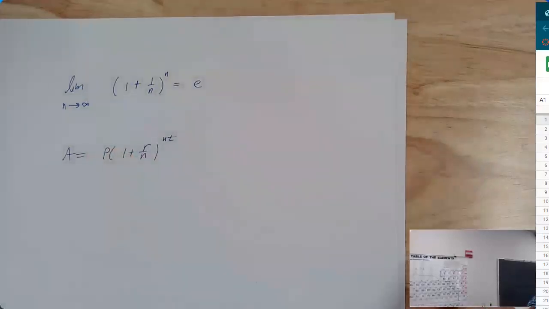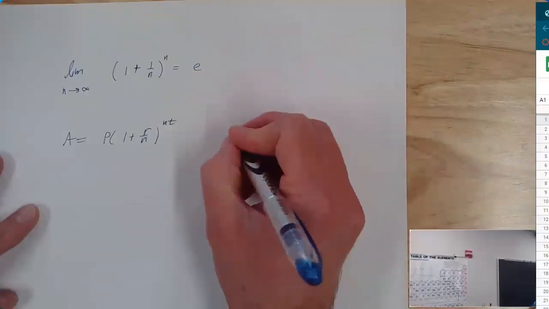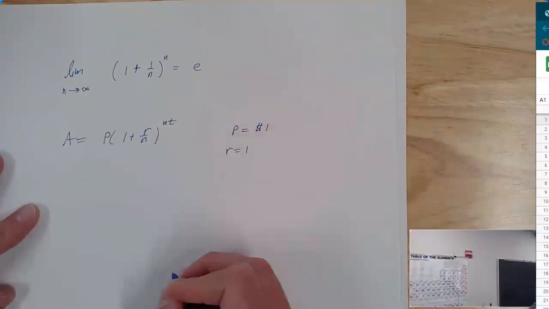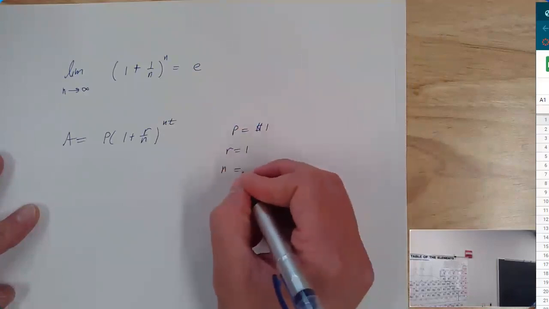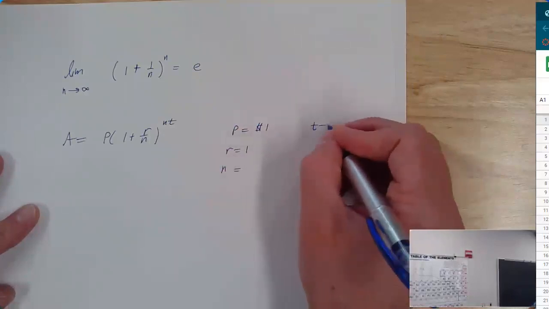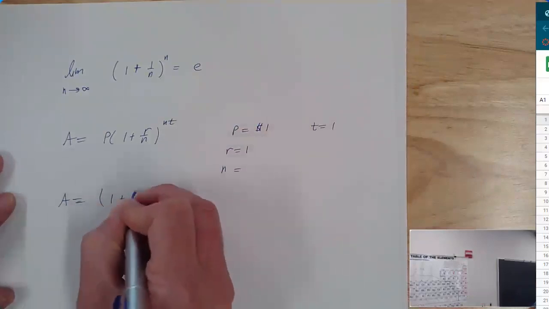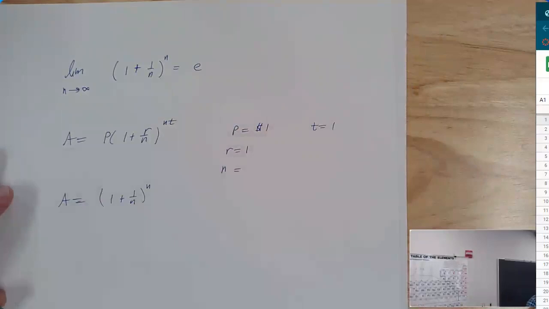If I lend you $1 and I charge you 100% interest and I compound it any number of times I want for 1 year, my formula becomes (1 plus 1 over n) to the nth power. If I compound interest once, you're going to owe me $2 at the end of the year: the dollar I lent you plus 100% interest.